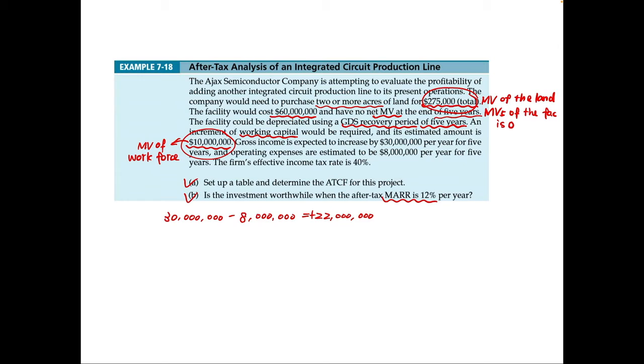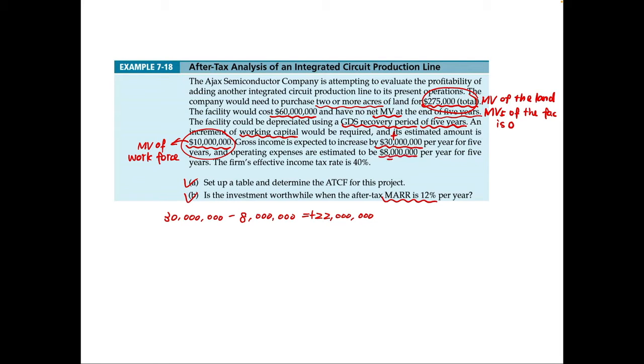Gross income is expected to increase by 30 million per year. That is your positive income for 5 years. And operating expenses are estimated to be 8 million per year for 5 years. So this is your positive income, this is your negative cash flow.